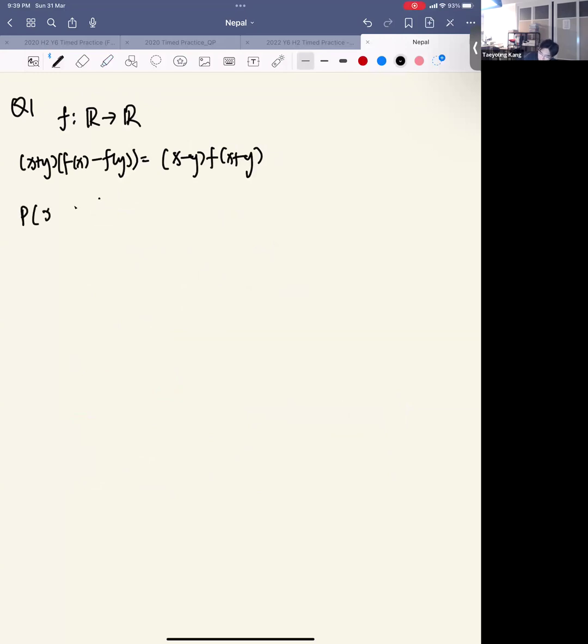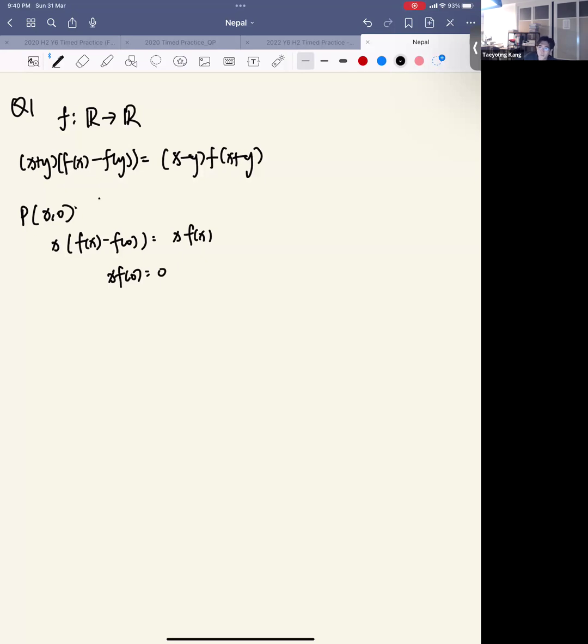So P(x, 0) gives us x f(x) minus f(0) equals x f(x), correct? And that gives us that x f(0) equals 0.